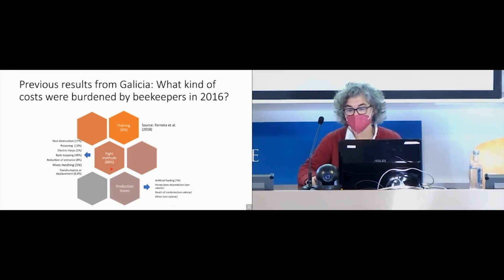We didn't have results about honeybee depredation, death of colonies, and other. And among the different methods of fight, the most important was the baits, the bait trapping, and the destruction of nests.